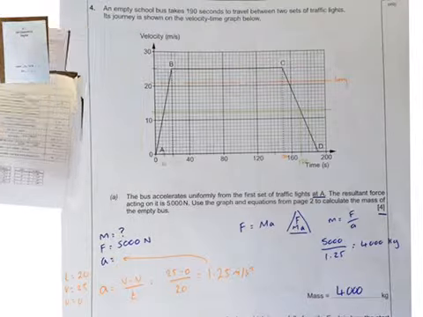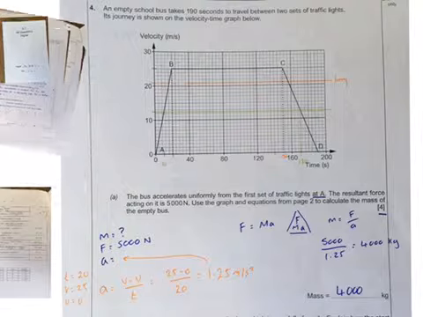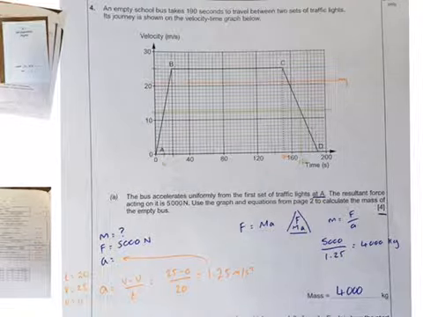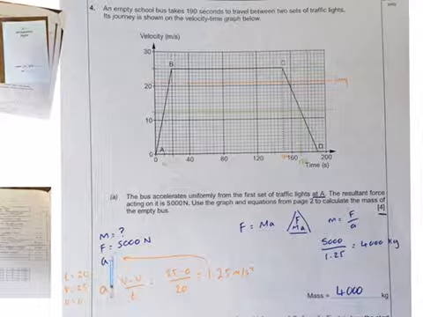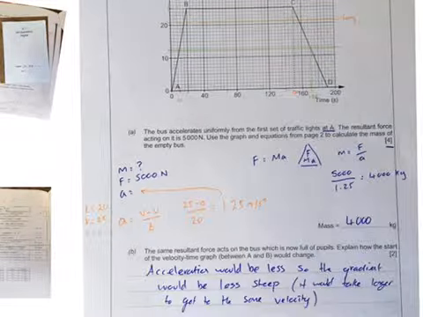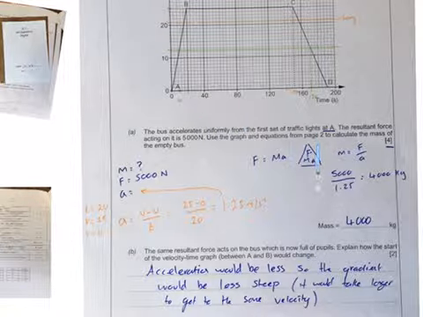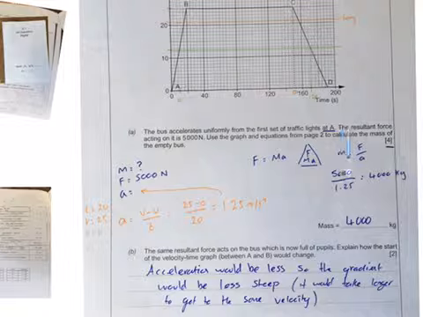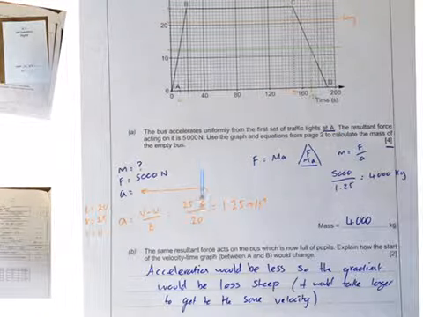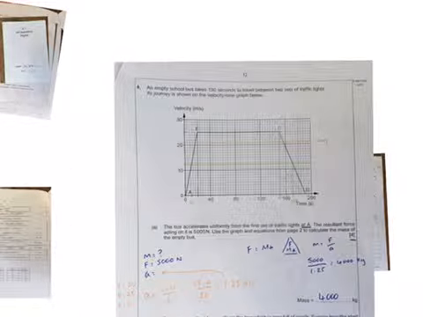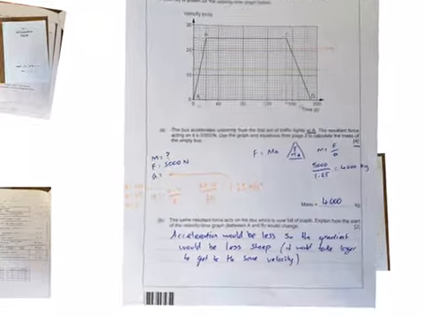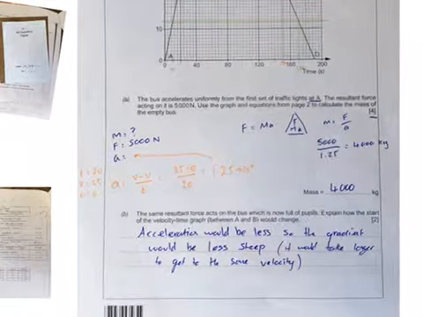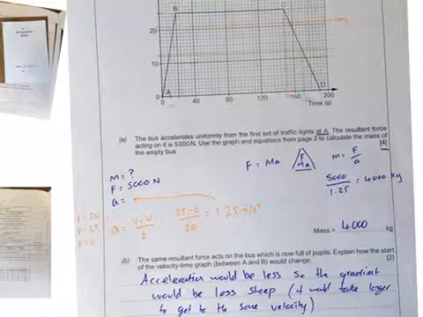Acceleration is change in velocity over time. So it's just by using these equations over and over and over, you'll get really good at them and identifying what we need. So you can see I don't know my a there, so I've gone to calculate it. My time is 20 seconds because it wants, let's have a look, the resultant force on the empty bus, it's the first 20 seconds, I believe, and where does it say that?